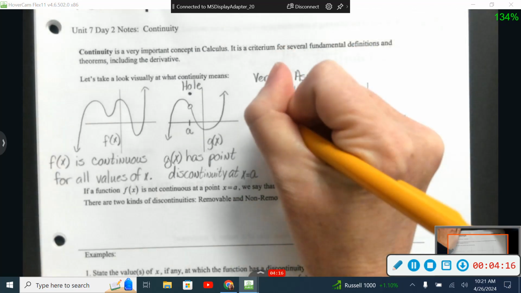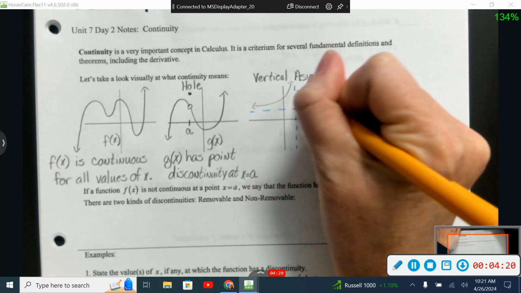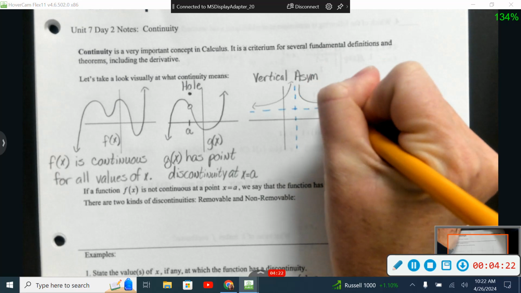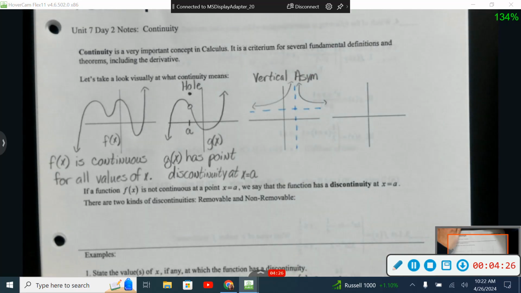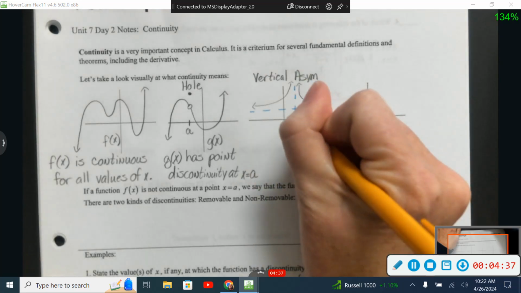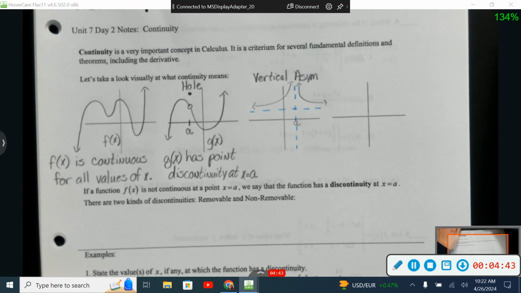I'm going to draw mine like here and here. It could be in the opposite corners. They could both be going down towards negative infinity. It doesn't matter where the parts of the graph are. In this case, I have a vertical asymptote, at a on my x-axis.